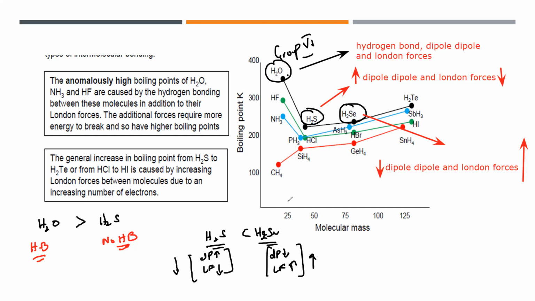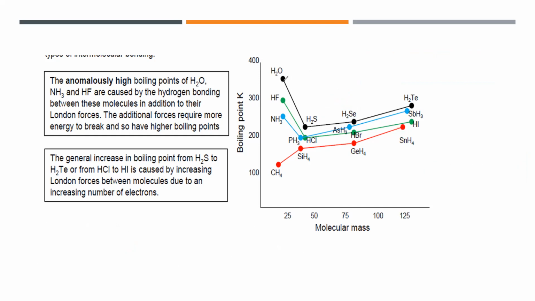And this is valid for all the groups. As you can see, we are talking about group 6, but this is also valid for group 7. HF is there, then HCl, and after HCl, HBr. So why is HF more than HCl? What is the reason? Because this is having hydrogen bond, this is having no hydrogen bond.